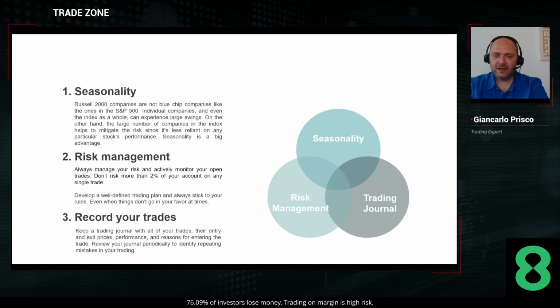So use seasonality to analyze Russell. It could be better with respect to the other indexes, because even a single company can experience just a swing. All the 2000 companies together mitigate the risk and keep the index quite in order. So in this sense, we have a chance to manage the risk very well.